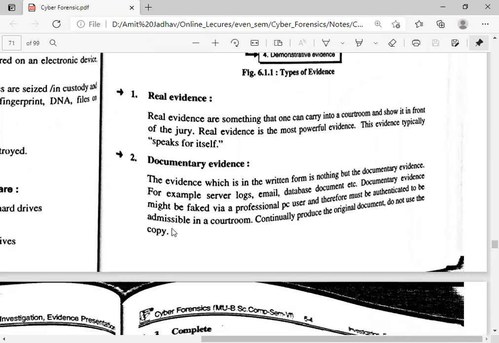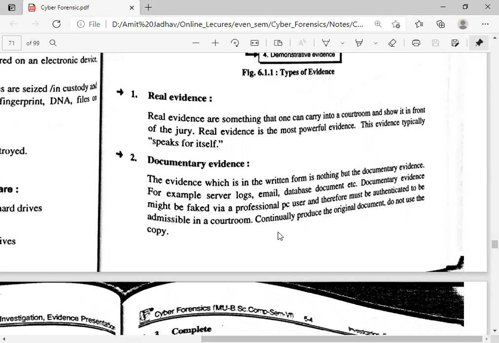Next is documentary evidence. Evidence which is in written form is nothing but documentary evidence. For example, server logs, email, database documents, etc. Documentary evidence might be faked by a professional PC user and therefore must be authenticated to be admissible in a courtroom. Always produce the original document, do not use the copy.